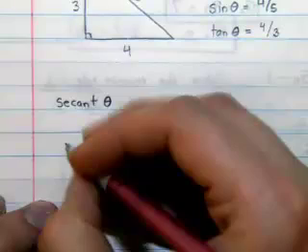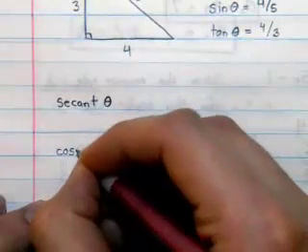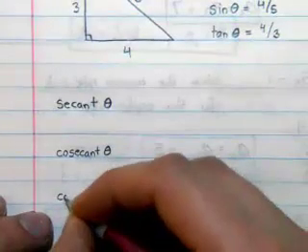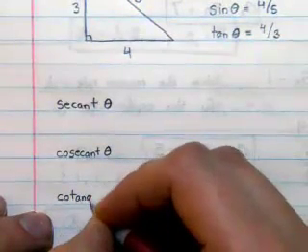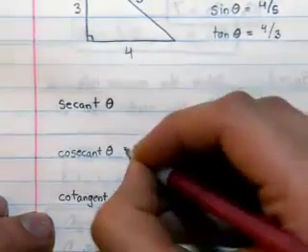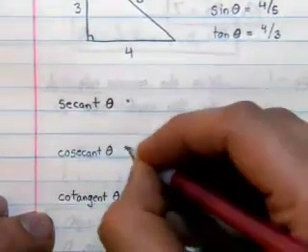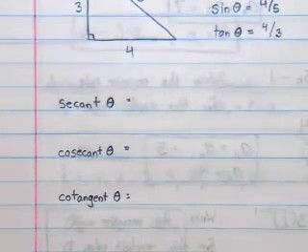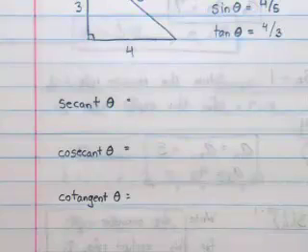So we got secant, cosecant, and cotangent. So in geometry, you learned about 3 of them. There are technically 6. There's 3 more. You do. That's why I'm talking about them right now.